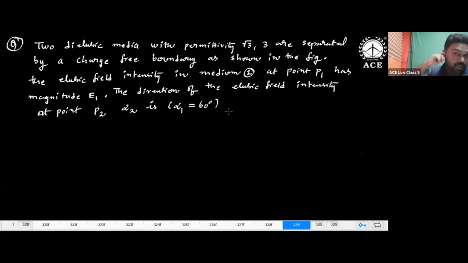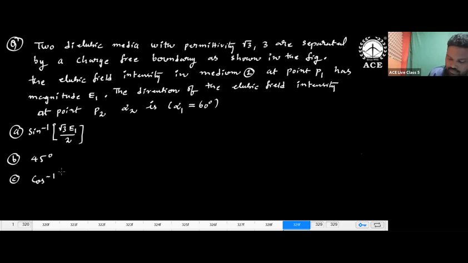This is a diagram provided in the question. Options are also given. Option A: sine inverse of square root of 3 E1 by 2. Option B: 45 degrees. Option C: cos inverse of square root of 3 E1 by 2. Option D: 30 degrees.